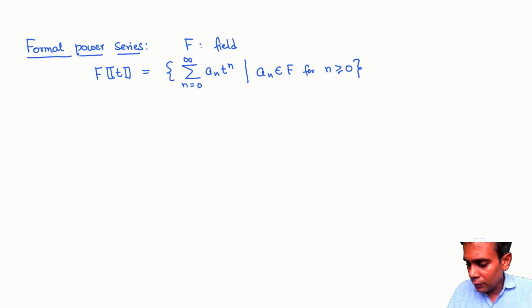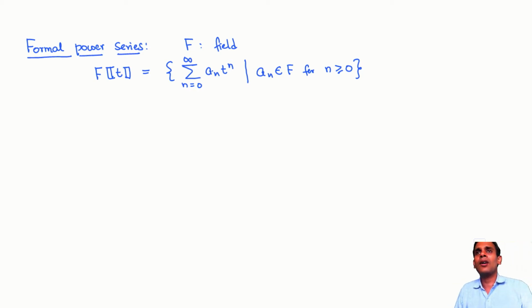So formally it's really just the set of all sequences a0, a1, a2 and so on in F, but we very suggestively write it using this infinite sum symbol because of the way we will define sum and product in it.